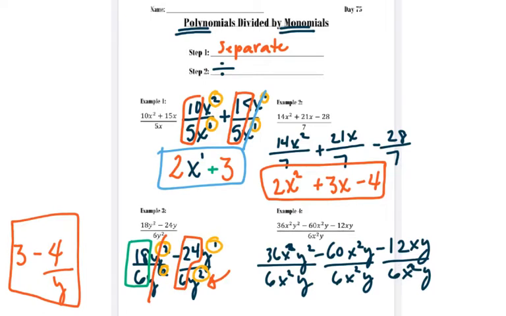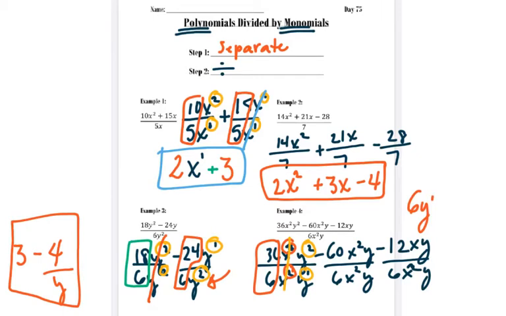Okay, so let's reduce. 36 divided by 6 is the number 6. These x's are stacked, so we subtract. 2 minus 2 is 0, so this one loses its x's. Exponents are stacked, so you subtract. 2 minus 1 is 1, so that leaves us with one little y.